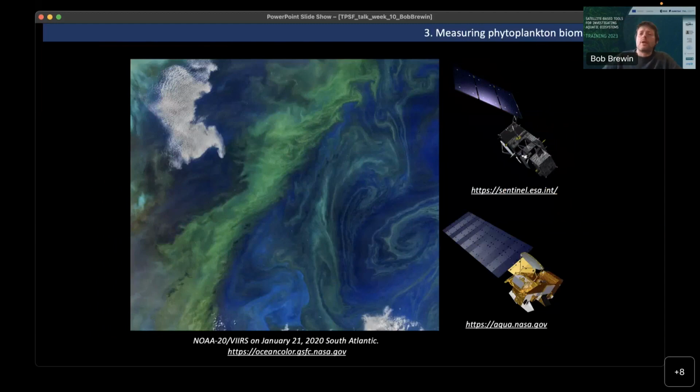Okay, in more recent years, we are now blessed with a suite of very highly accurate and well calibrated satellite ocean color missions. These are just some examples: Sentinel-3 in the top left, MODIS Aqua and VIIRS.